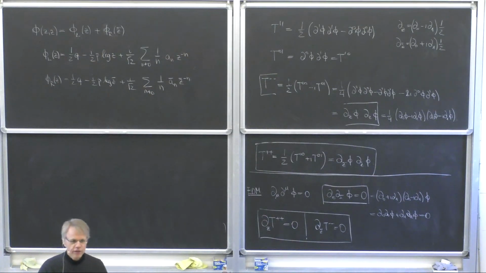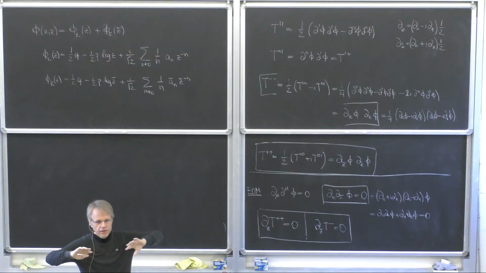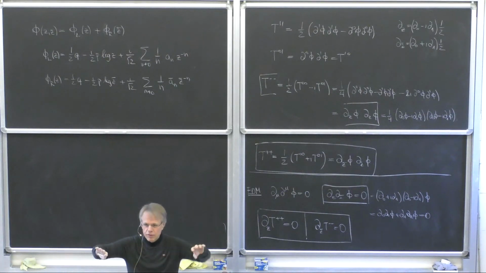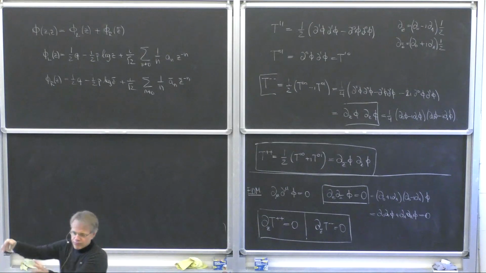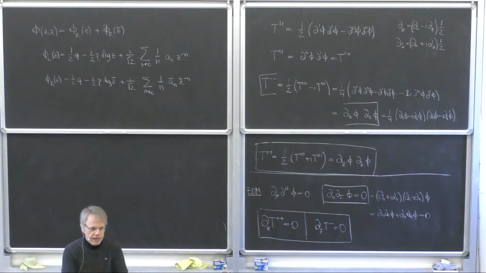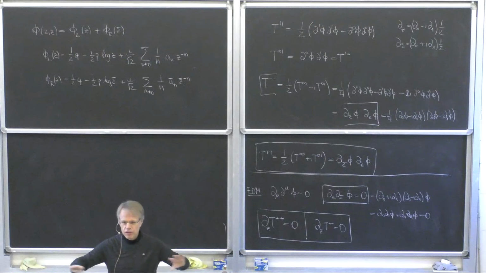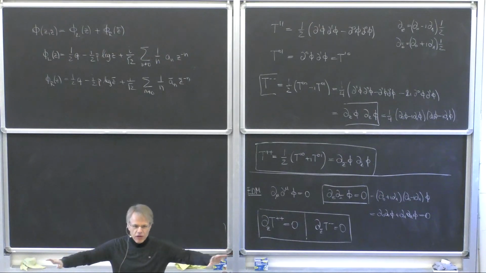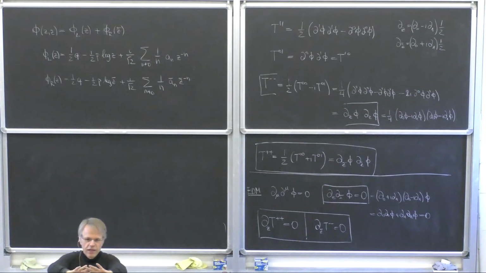So the strategy here is a little bit destructive. I want to sort of pick at pieces. For the pieces, I'm going to treat z and z bar as totally independent. And then at the very end of the day, I have to put the pieces back together to give me a real conformal field theory. And at that stage, I have to worry about the fact that z and z bar are complex conjugates of one another.